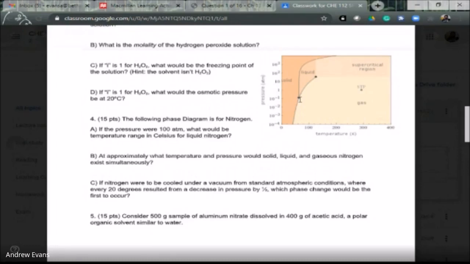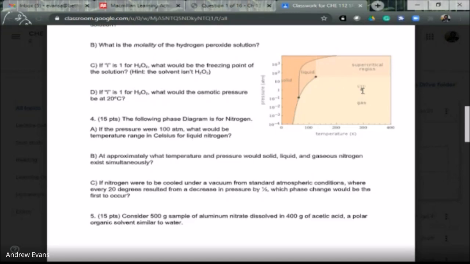If nitrogen were cooled under vacuum from atmospheric pressure conditions, where every 20 degrees resulted in a decrease in pressure by half, what phase change would you expect to occur first? Cooled under vacuum. So where's STP?